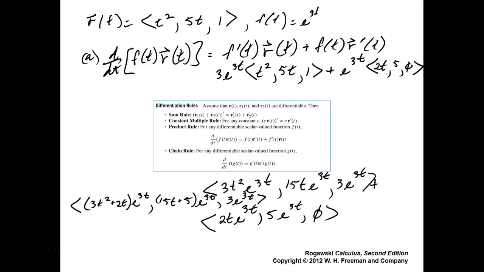No, you can write it dozens of different ways, which you probably just keep the 3t out of it. They keep it in, but they write it at the end. They did it where I did. 3t squared plus 2t, in parentheses, e to the 3t, comma, 15t plus 5, e to the 3t, comma, 3e to the 3t, close angle bracket.